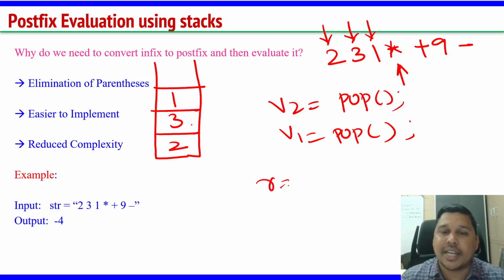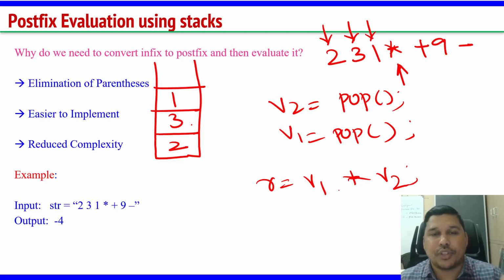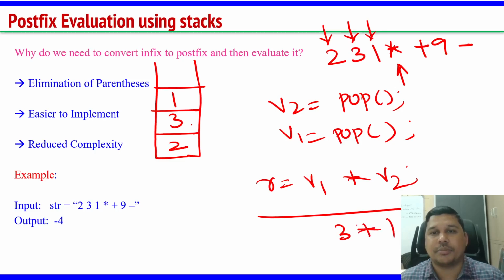Then you write result equal to V1 into V2. See, the first popped element will be V2, the second popped element will be V1. Then write the expression like this: R equal to V1 into V2. The meaning is it is 3 into 1.